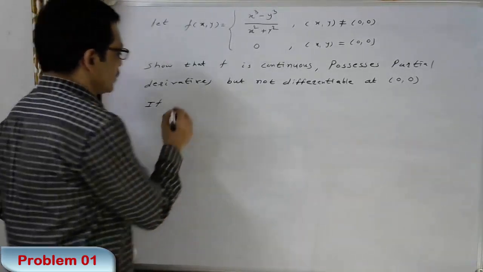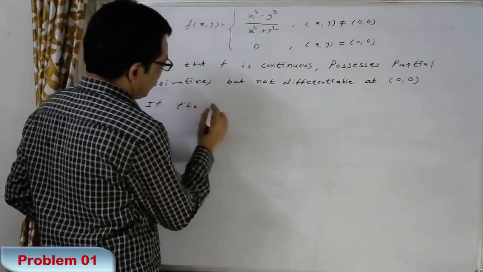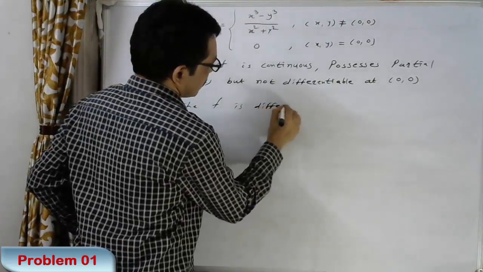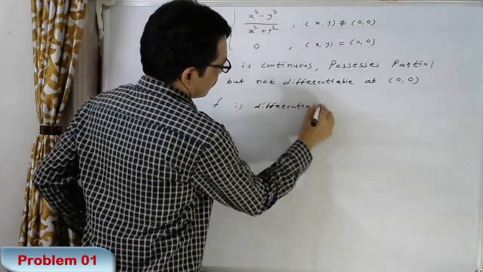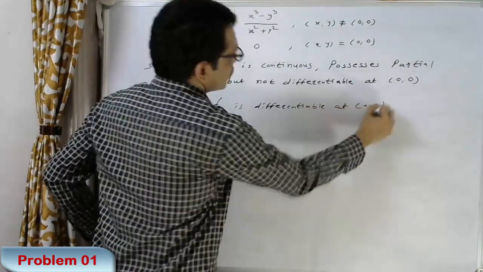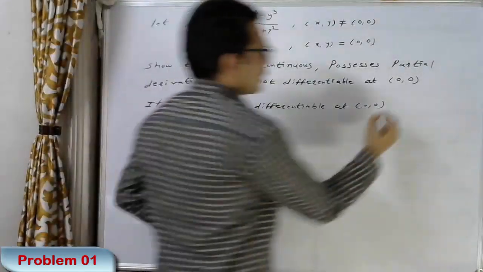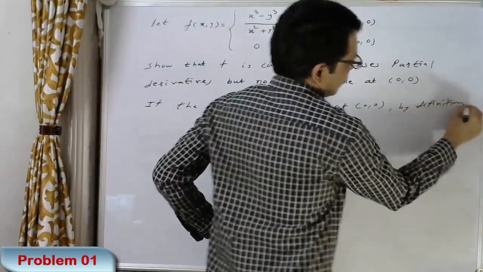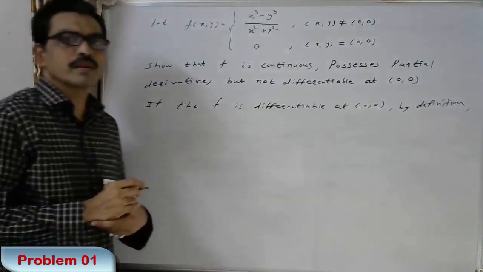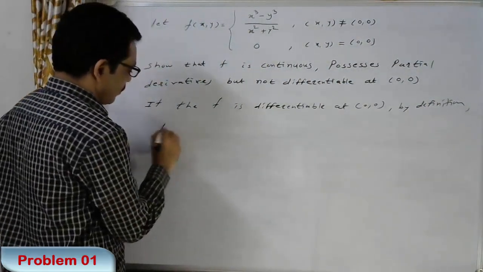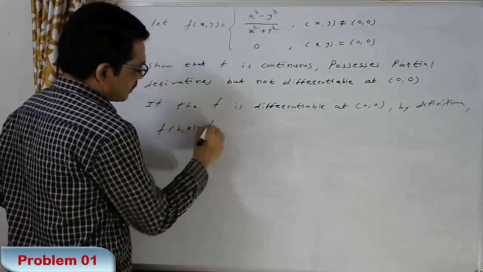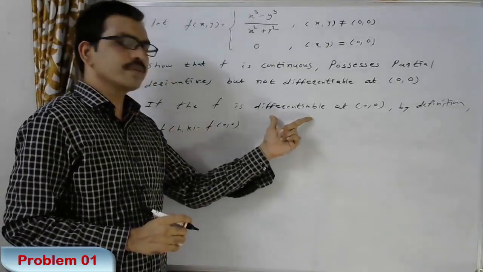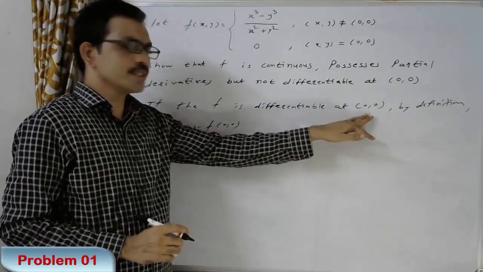If the function f is differentiable at the point (0, 0), then by the definition we write f of (h, k) minus f of (0, 0).